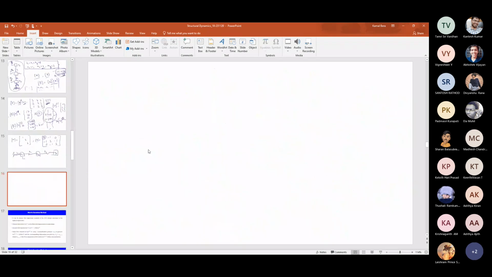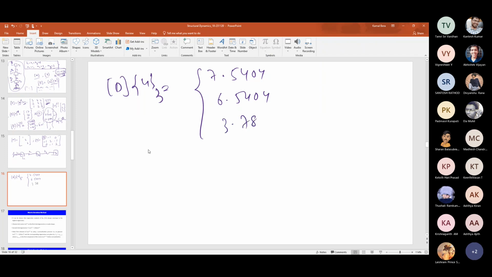So D into U3 you are telling: 7.5404, 6.5404, and then 3.7884. Then take common 7.5404, and whatever value you are getting.